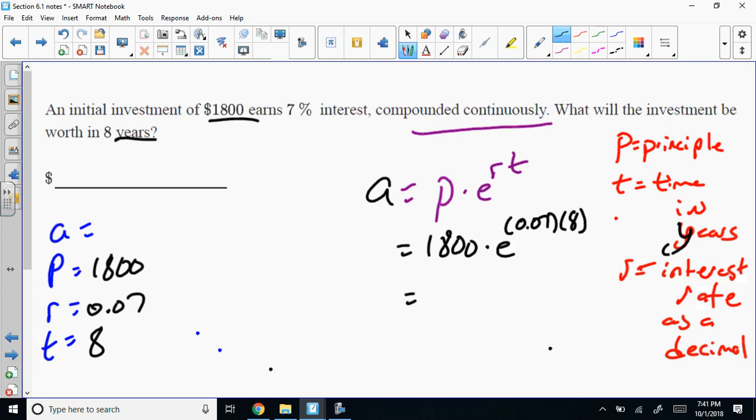E is a special exponential. It's 2.71828 and so on. It never ends and never repeats. It's a constant that was discovered by Euler, E-U-L-E-R, back in the 1700s.